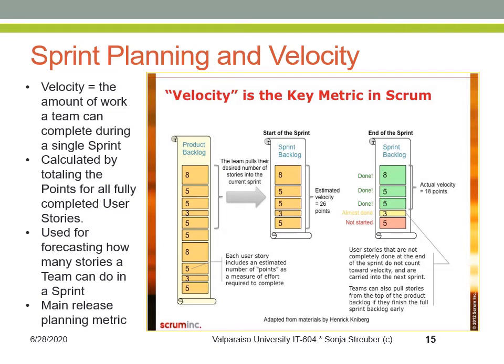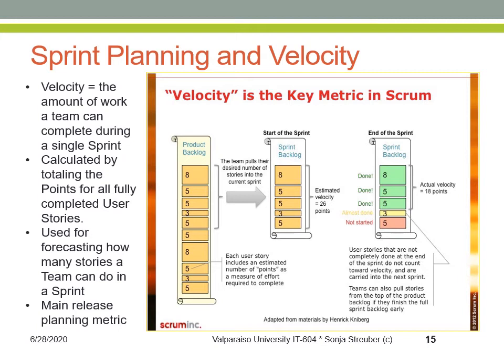It's time to talk about one of the most important measurements for work quality in an Agile project. That is velocity. Velocity is the amount of work that a team can complete during a single sprint. Velocity is calculated by taking the sum of all the points for all fully completed user stories in the sprint, not the ones that you have started or that are almost done, just the ones that are completed, tested, and ready for release.